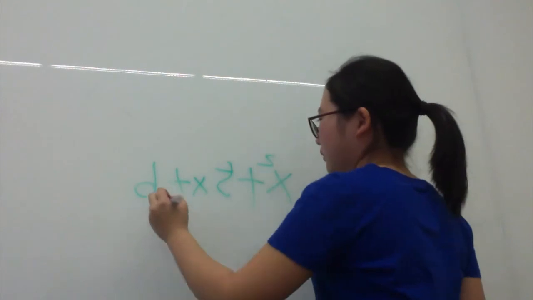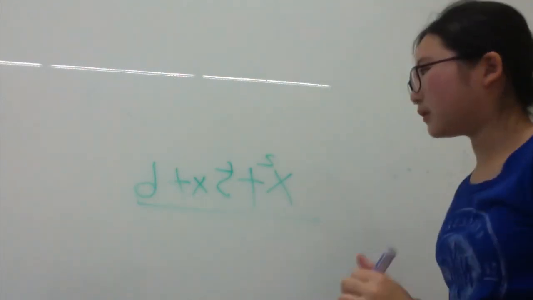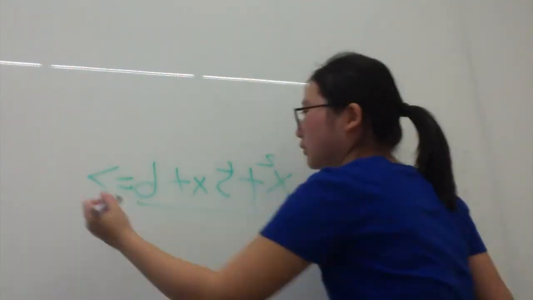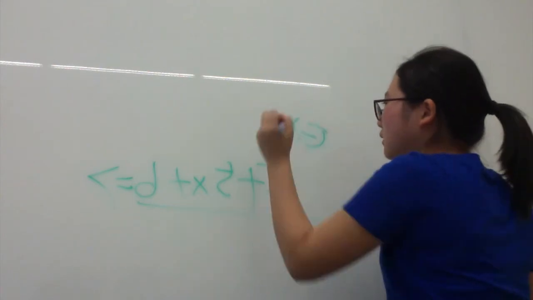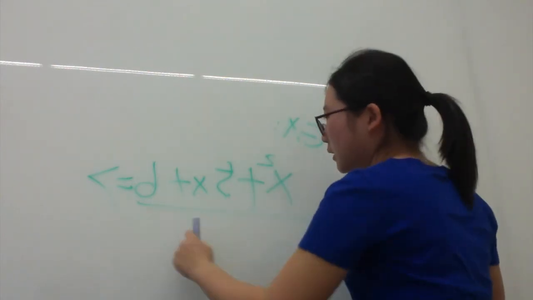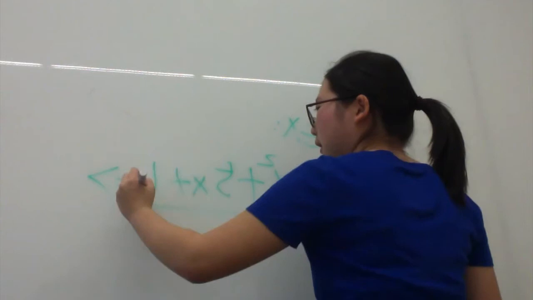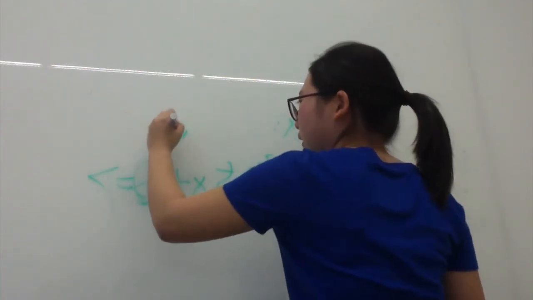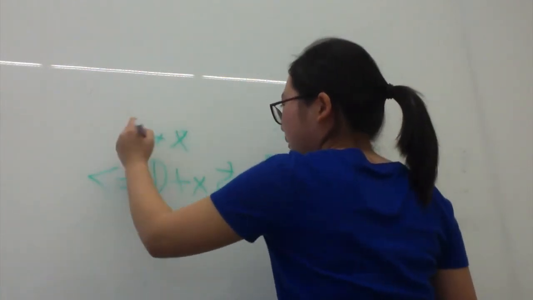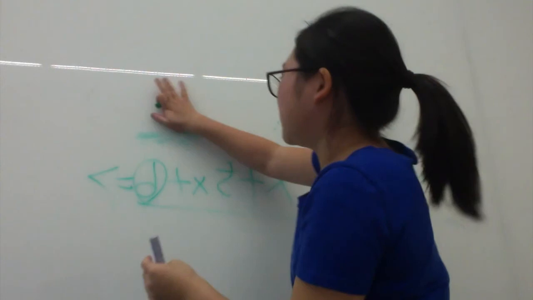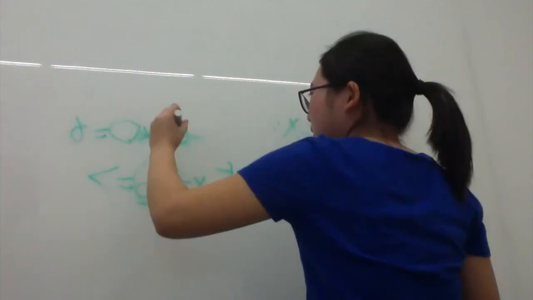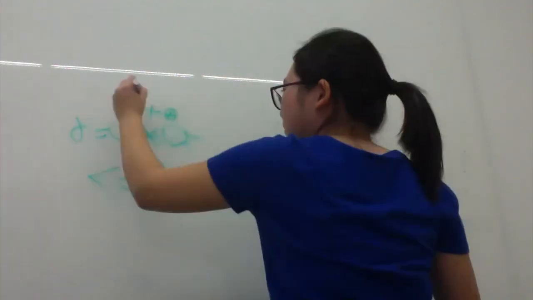Now I'm gonna do this for you. Something times something equals 6, and something plus something needs to equal 5.